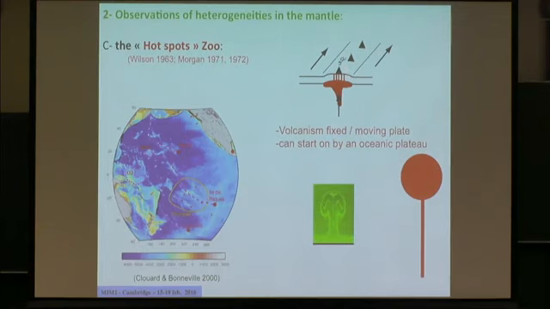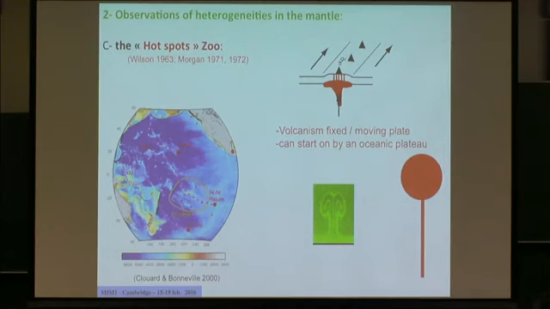Some of those long tracks are initiating at a big oceanic plateau, so that if you get this plume, hot upwelling vision of a big head, a balloon on a string, well, the balloon is the oceanic plateau, and the impact of the conduit there is the long track.